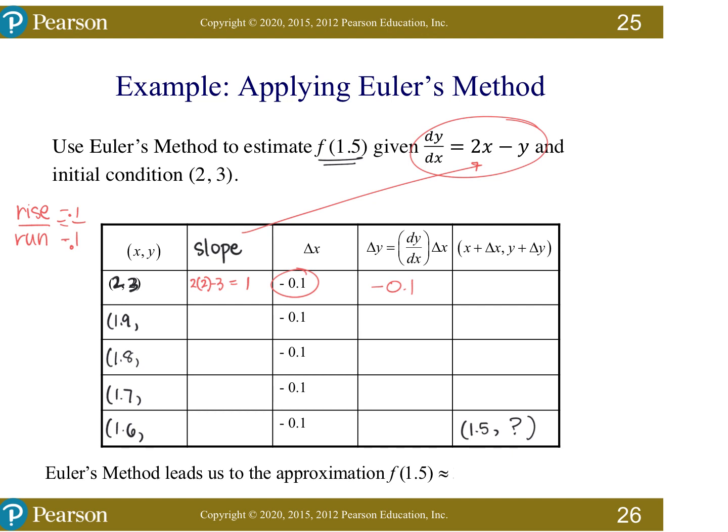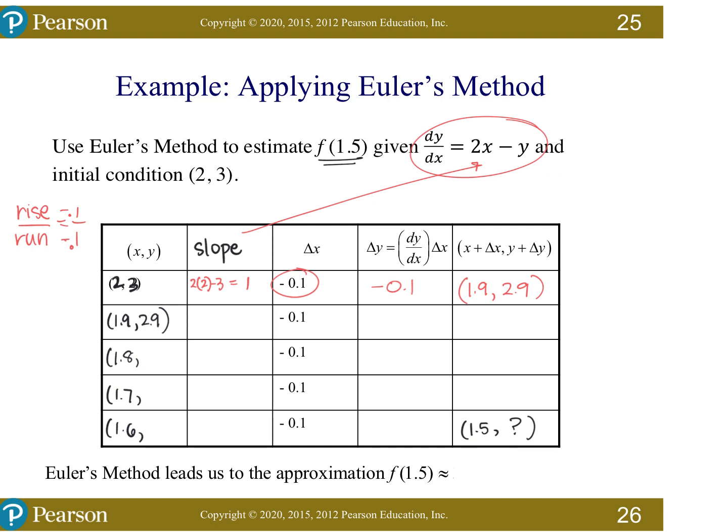So what are the new values? Now I'm at 1.9, so I've run backwards. And instead of rising, I'm falling down, going down. So I'm at 1.9, 2.9. So I've gone down, backwards and down. Okay, what will the slope be this time?